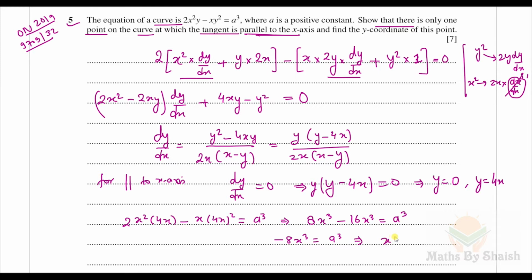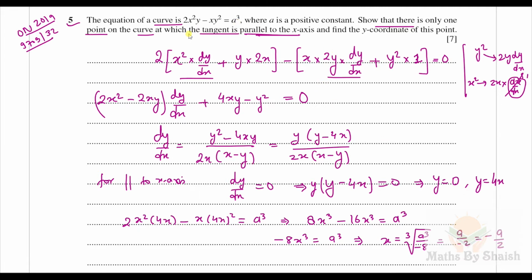So x will be the cube root of a³ upon −8, which is going to be a over −2. So the x coordinate is −a/2.